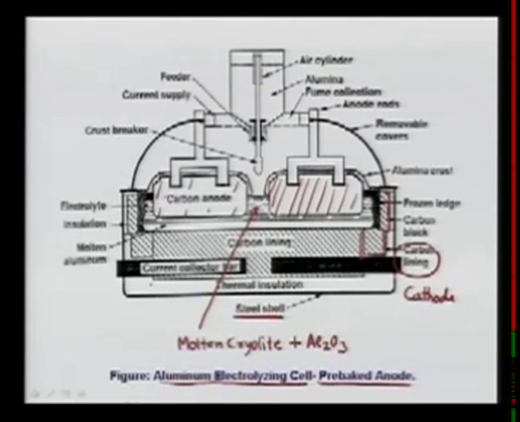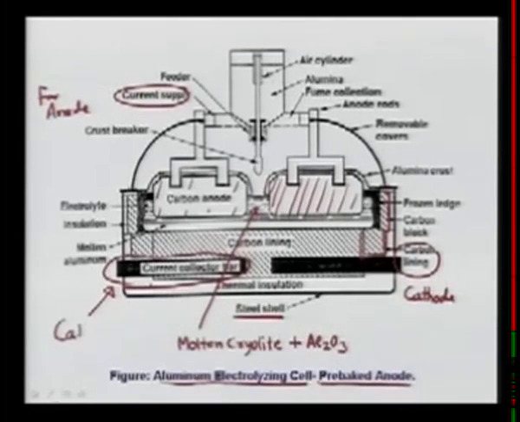And then the current supply for the anode is here, and the current supply for the cathode is here. So, this is for anode, and this is for cathode. And this is, as I said, molten cryolite plus Al2O3. We should really call this the electrolyte.